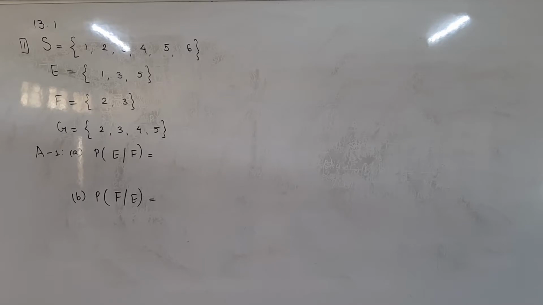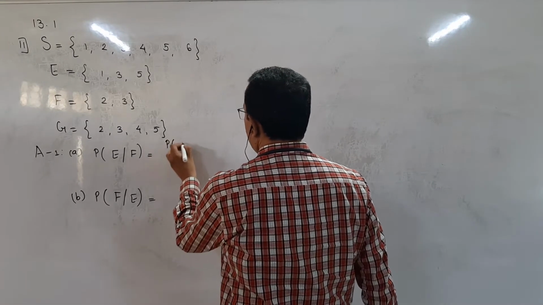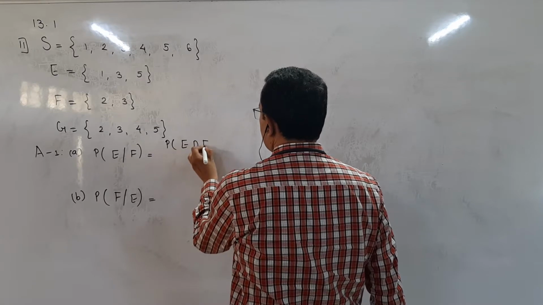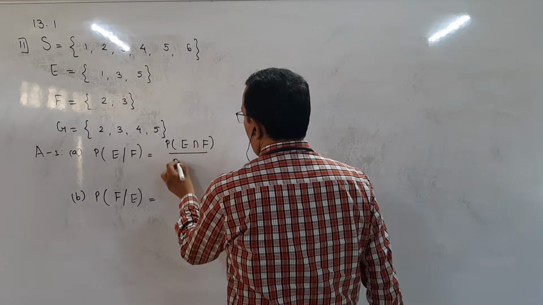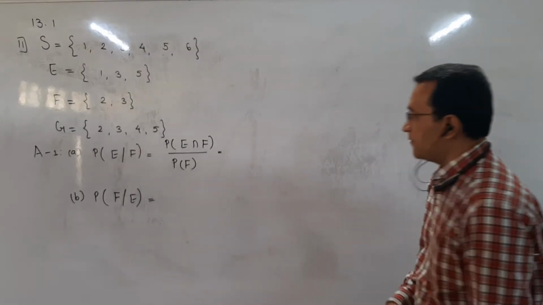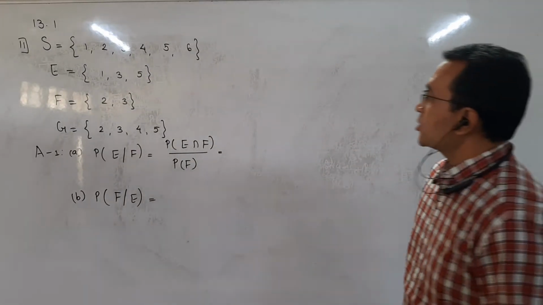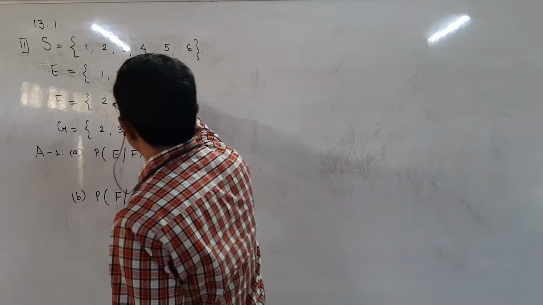Now, students, I hope that all of you have understood the basic formulas. So directly, students, we are going to apply the formulas. This is probability of E intersection F upon probability of F. Now, what is E intersection F? Then I can say it is the singleton set 3.